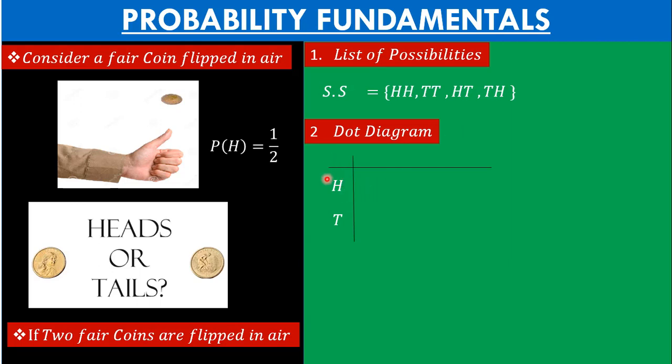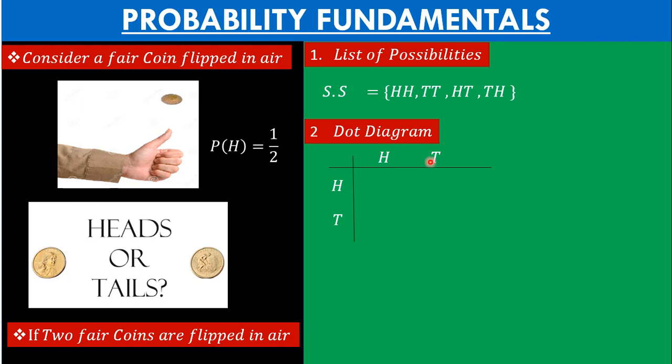In the vertical direction, you can see that, students, the outcomes of coin 1 are represented, heads and tails. Similarly, on the horizontal axis, the outcomes of the second flip are represented, H and T.